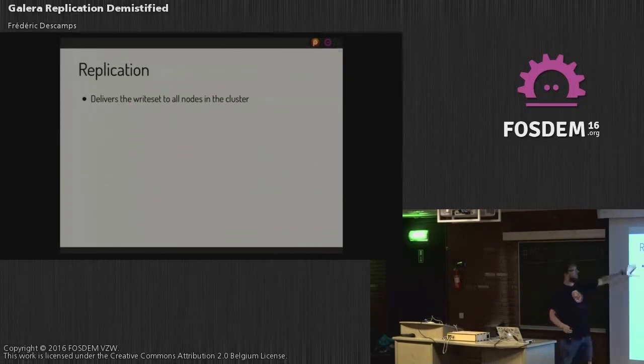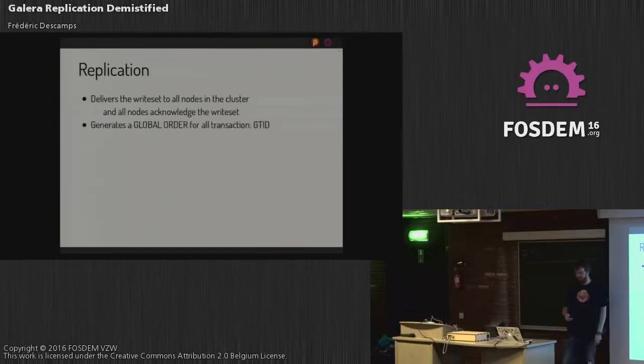Replication is to deliver the write sets to all the nodes in the cluster. So you have a write set transaction, and you need to deliver it to the other nodes. And all the other nodes acknowledge they got the write set. Then the cluster generates a GTID, that will be global, and that will be used to order this transaction.